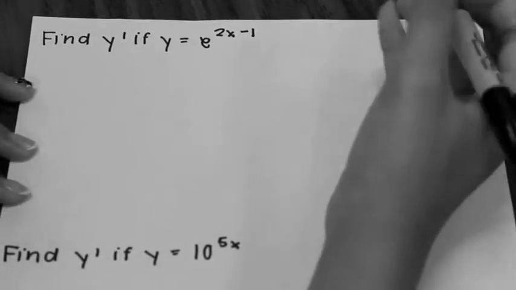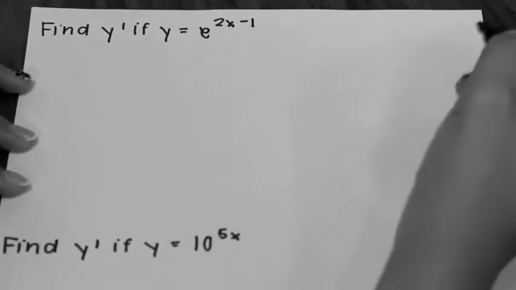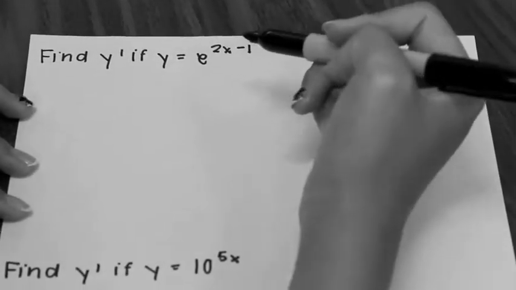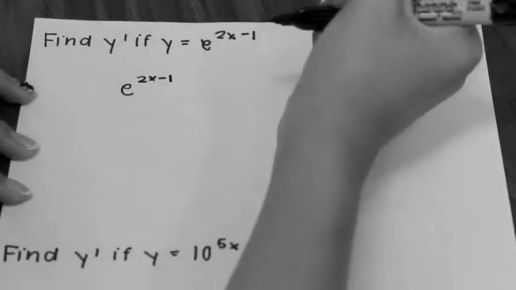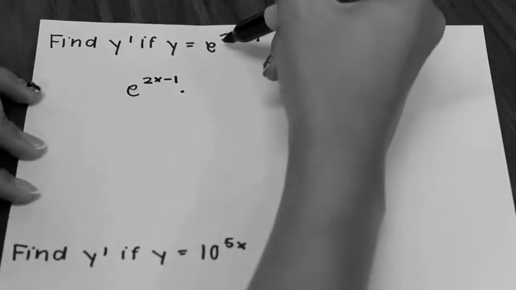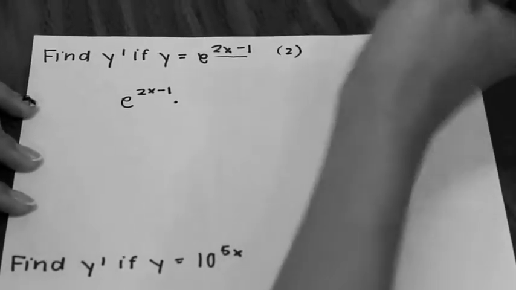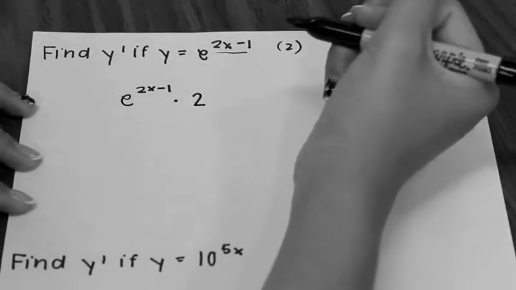So we're going to find the first derivative of the next problem. As you saw in the properties that we just gave you, the e to the 2x minus 1 just drops down. However, the derivative of this exponent right here is 2, so you multiply the whole thing by 2.